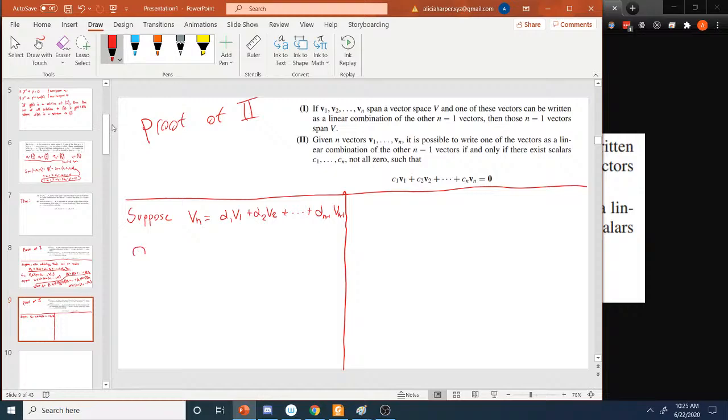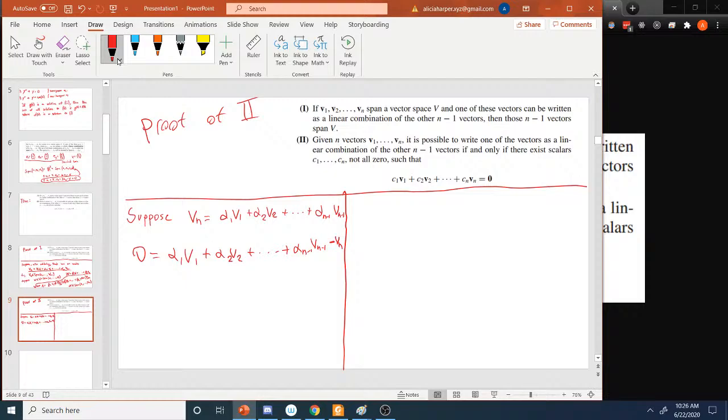Well, then this is the same thing as 0 equal to alpha 1 times V1 plus alpha 2 V2 plus and so on, alpha n minus 1 times Vn minus 1 minus Vn.